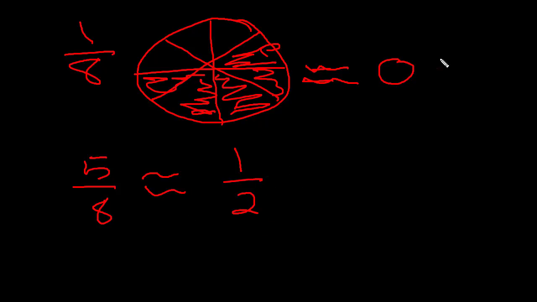And this might be really useful if you're working on a problem, like if you're adding up, say, 5/8 and 1/8. You could think about it and say, well, this is close to a half, this is close to not very much, so my answer should be a little bit over a half of a pizza. And then you add them up and you find it's 6/8. You're like, okay, yeah, that worked out right.